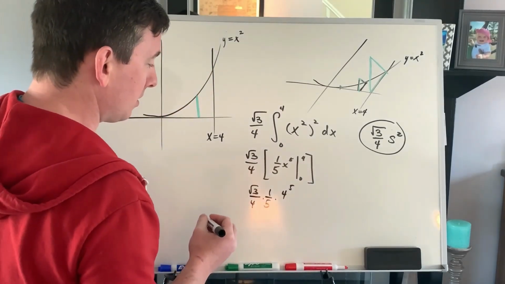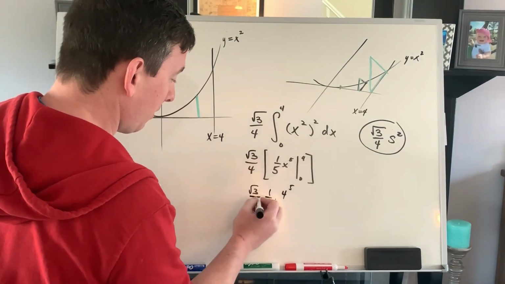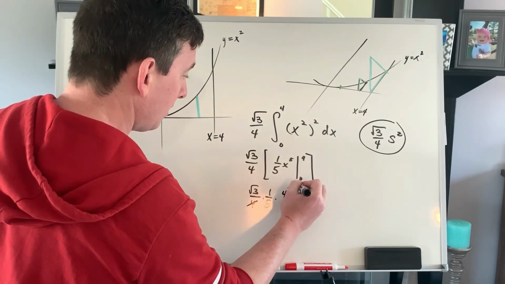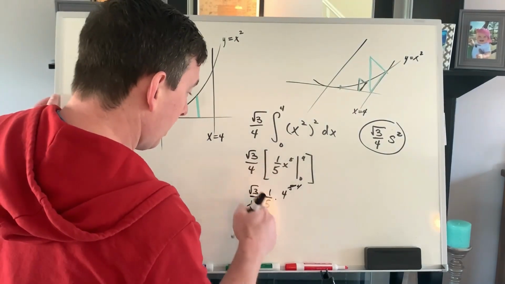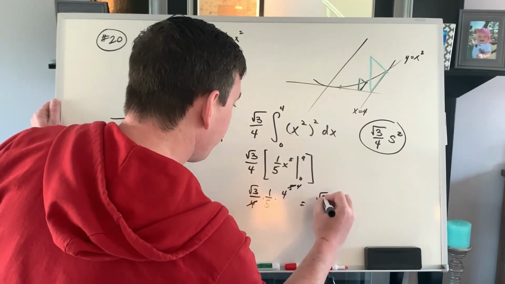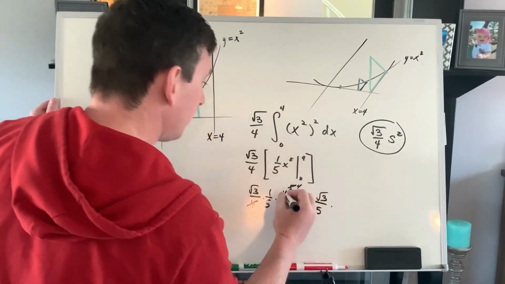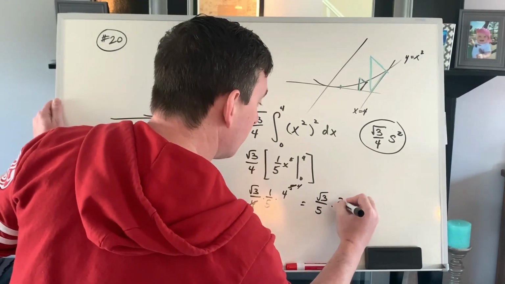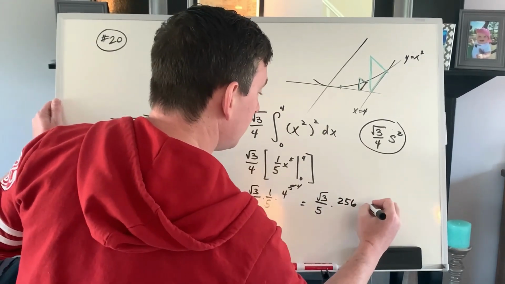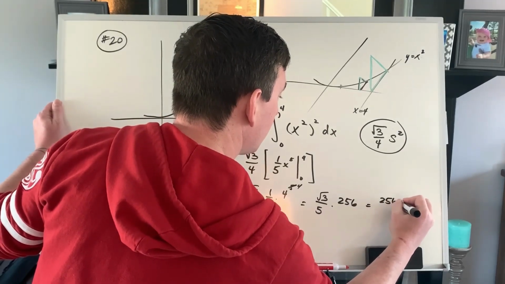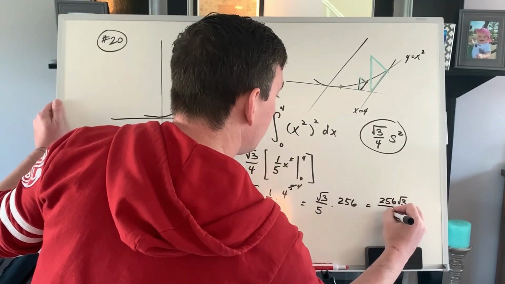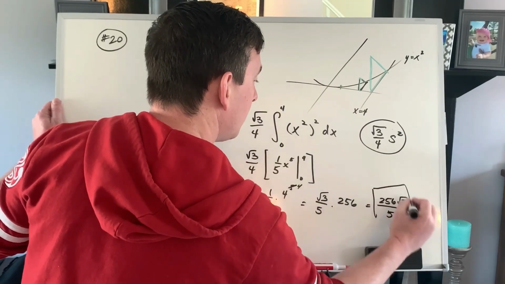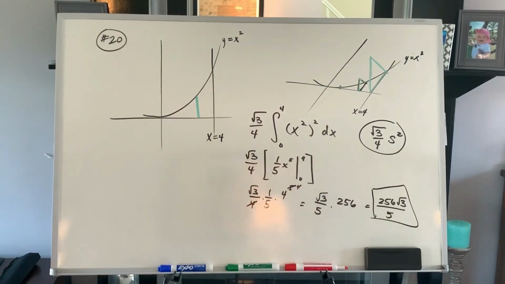I'm writing it that way just to save us a little bit of brain power. That 4 can cancel with one of these. So we have root 3 over 5 times 4 to the 4th, which we know is 256. So 256 root 3 over 5. And there you go.